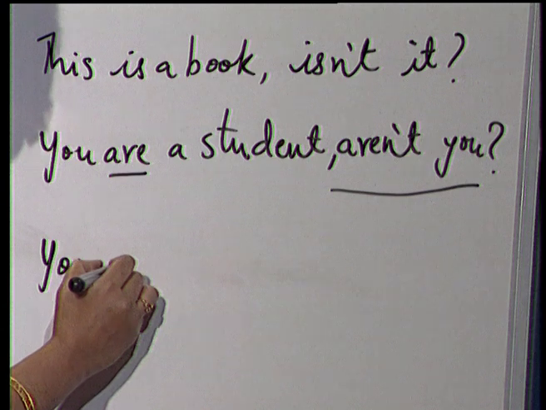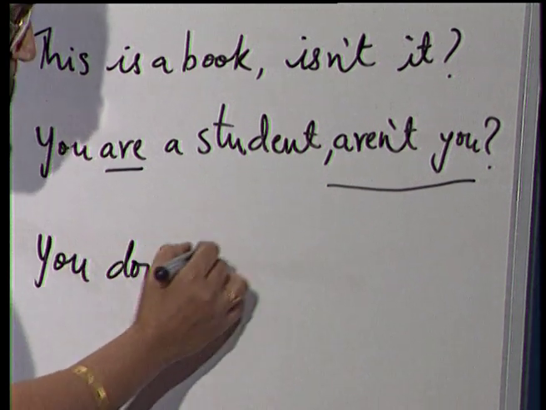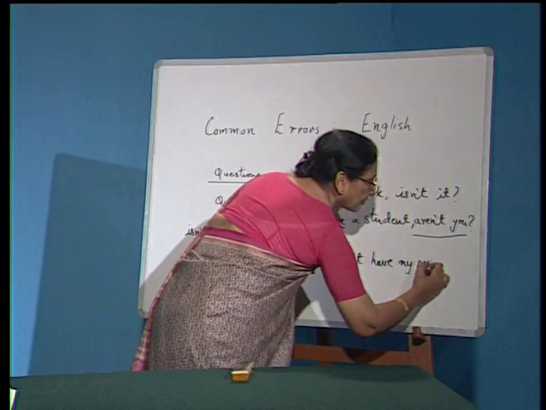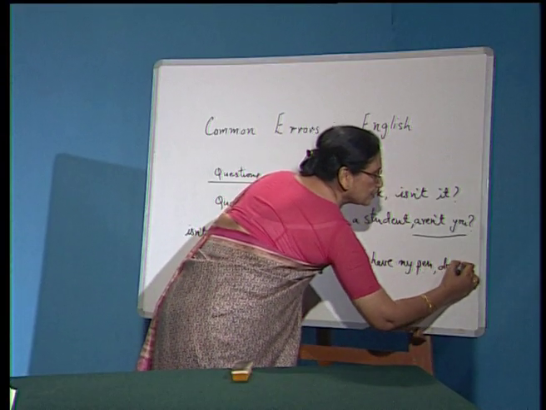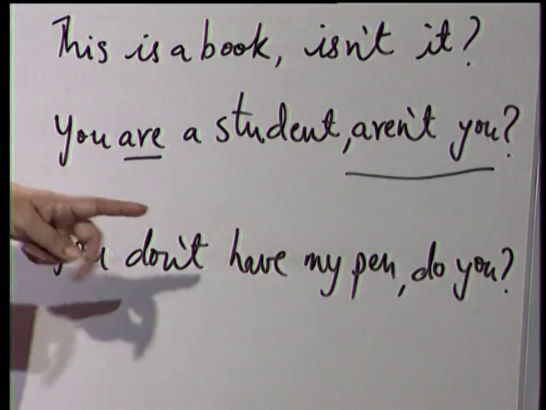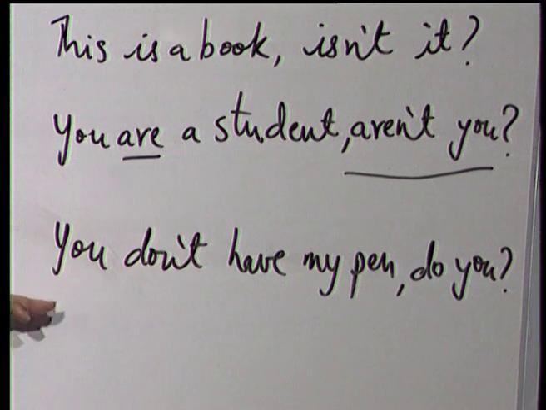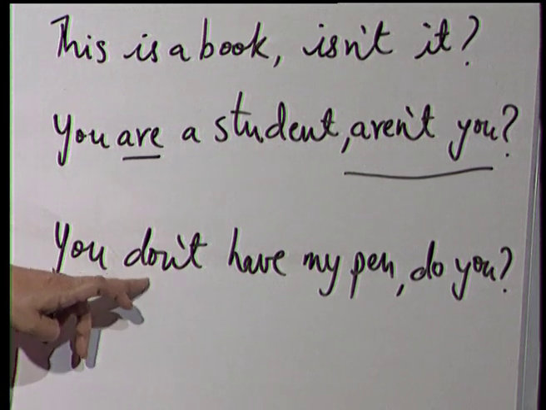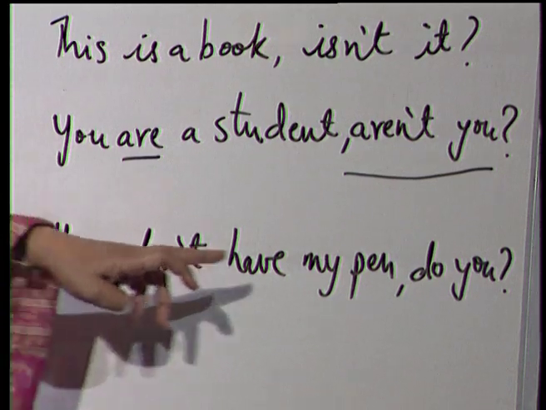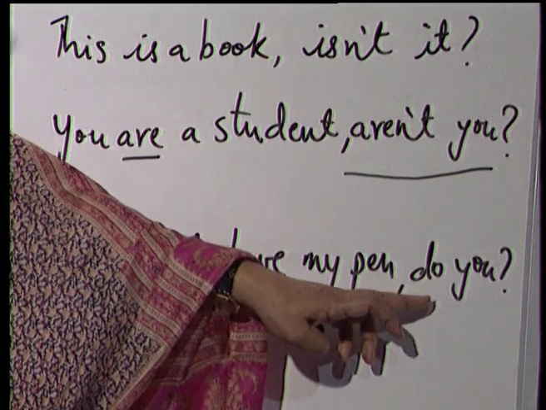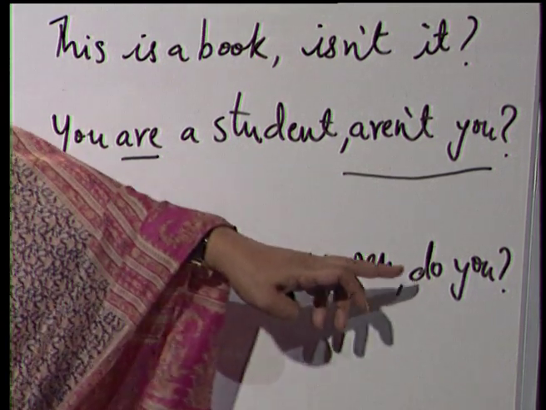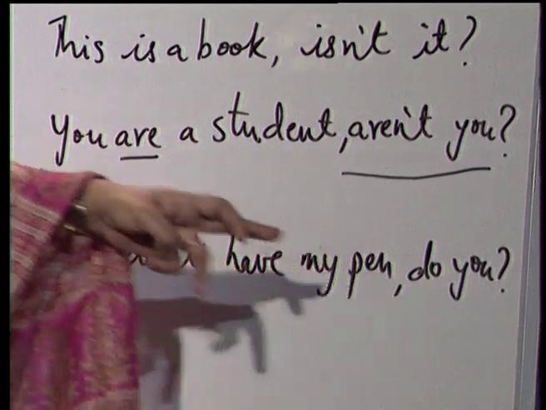You don't have my pen, do you? You don't have my pen, do you? You can see that the statement is in the negative form using don't, and from the same part of the sentence we take the question tag, we frame the question tag using the do from the don't here, it transforms into a positive form and we say do you.